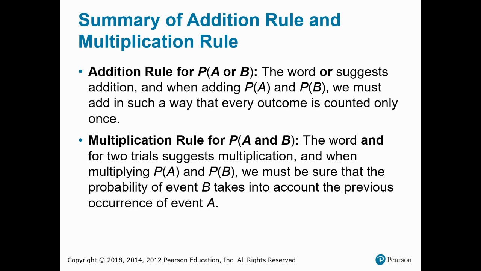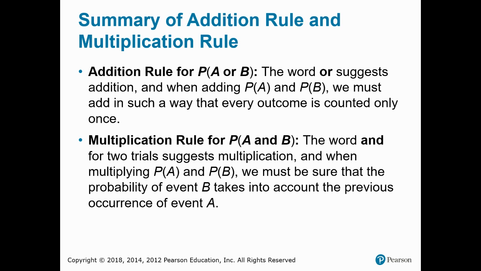So, summary of our addition and multiplication rule. For the addition rule, what word are we looking for? What do we have to take care of with the OR problems? Overlap. Make sure you're not counting everything twice. That's where that overlap comes in. Make sure you're only counting each outcome one time. So that overlap is a big deal.